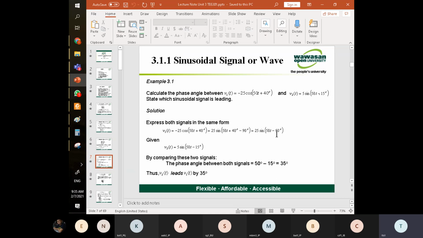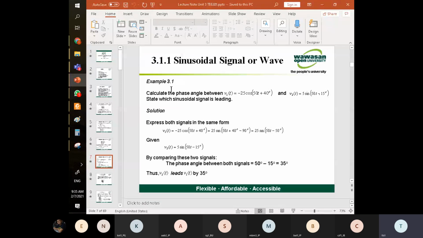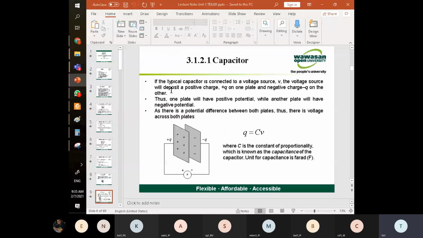Okay, this is a bit confusing. V2 leads V1, this is minus only 15. I don't know whether this is correct or not actually. Sometimes they also make a mistake. So V2 leads V1. When you come back to the next topic here, you will see the waveform.